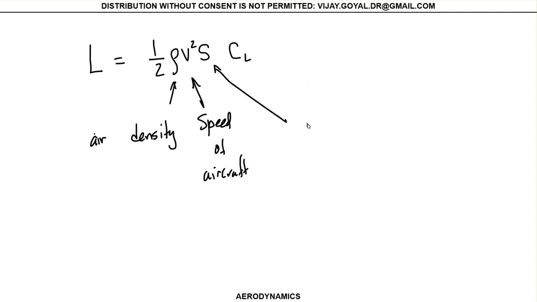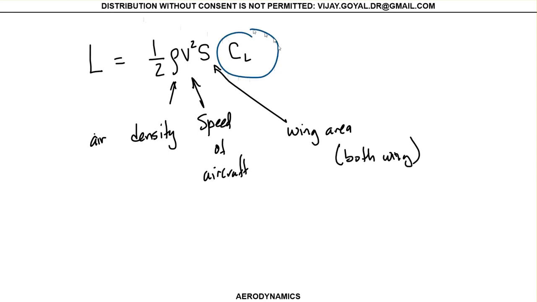This is the wing area. This is both wings, not one. And so therefore, this is what we call the coefficient of lift. Okay.